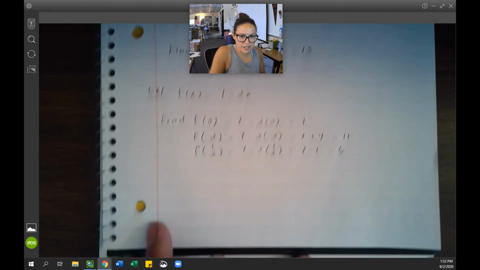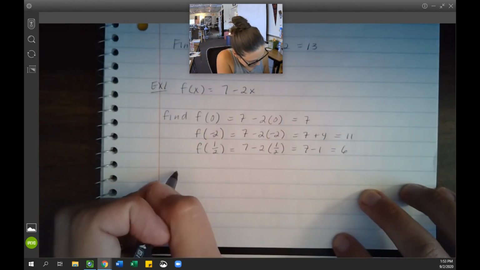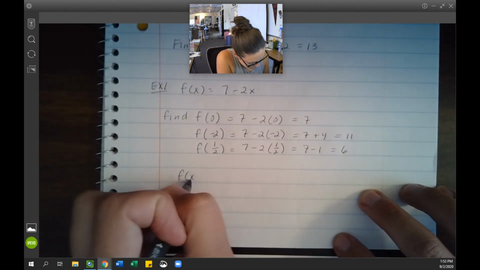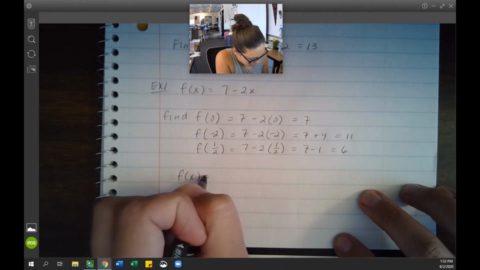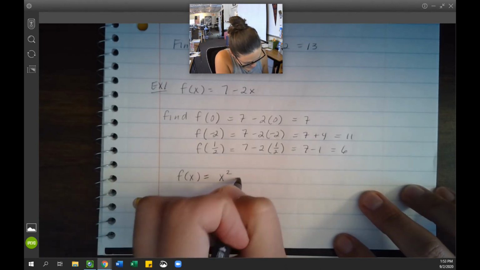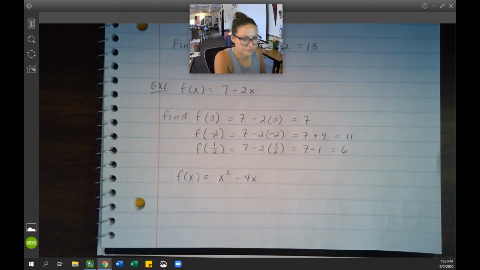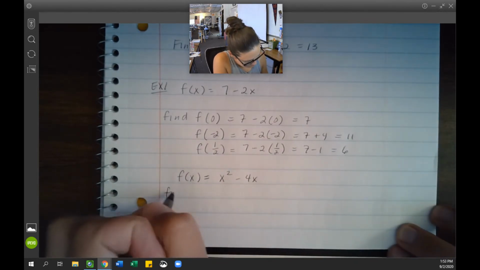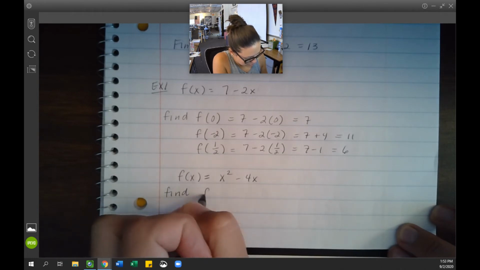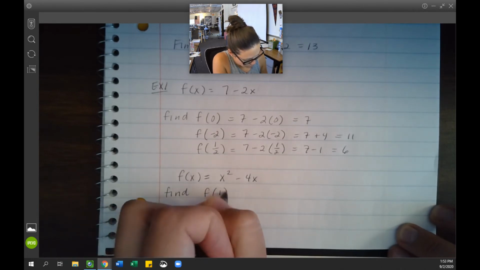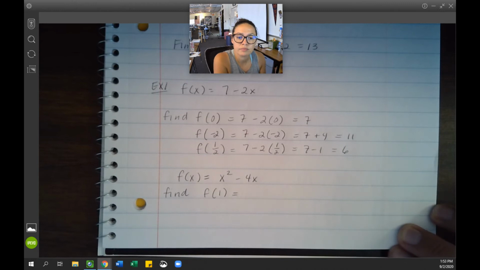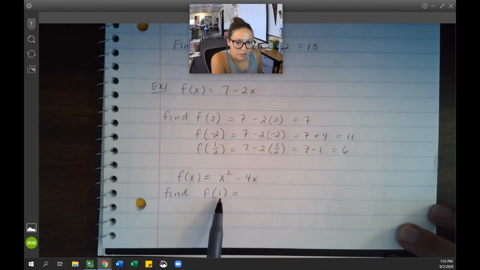All right, let's try another example. Let's say I have f of x, a new function here, x squared minus 4x. We're going to do a couple examples again. F of 1. So again, this means that I'm going to put 1 in the place of x.